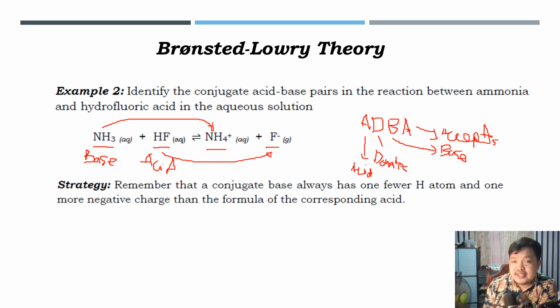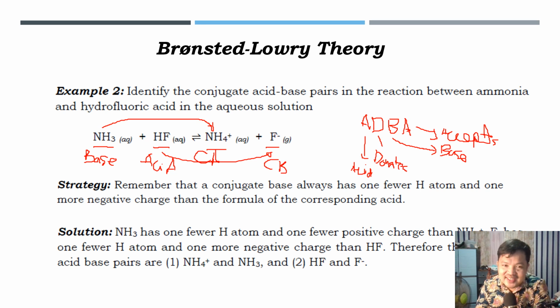So, meaning to say, since NH3 yung base, that makes NH4 our conjugate acid. And then, since ito naman yung acid natin, hydrofluoric acid, that makes our F our conjugate base.